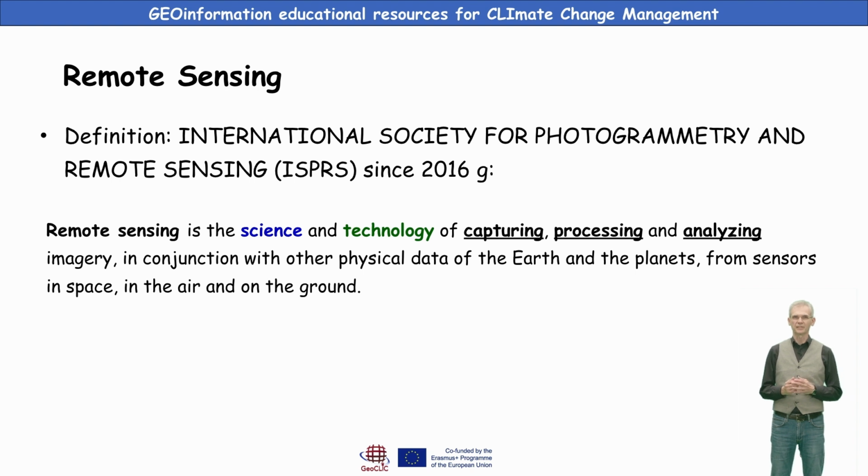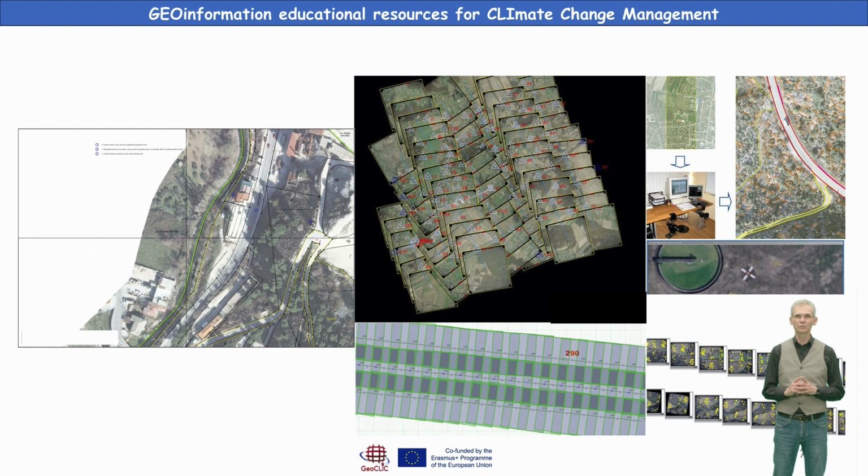Spatial accuracy is not important, but secondary, due to the very fact that some satellite images have a spatial resolution of 10 meters like Sentinel-2 or 30 meters like the Landsat sensor.